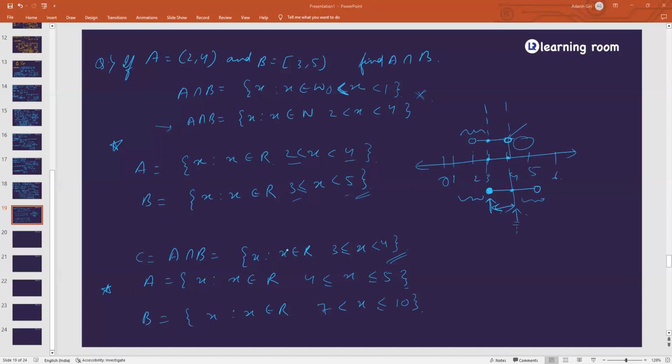Sir, is it real number or a rational number? R is real number. For Q, we denote rational number. Sir, there's a question like how many numbers are there between 4 and 5?